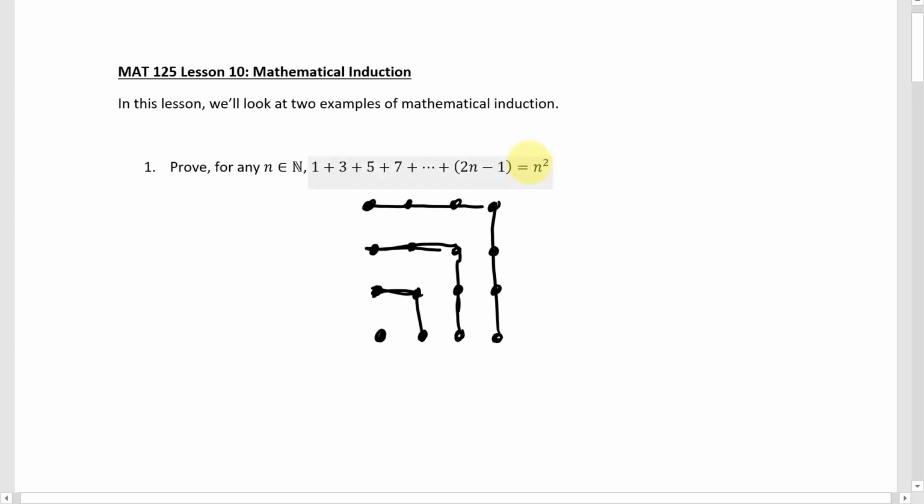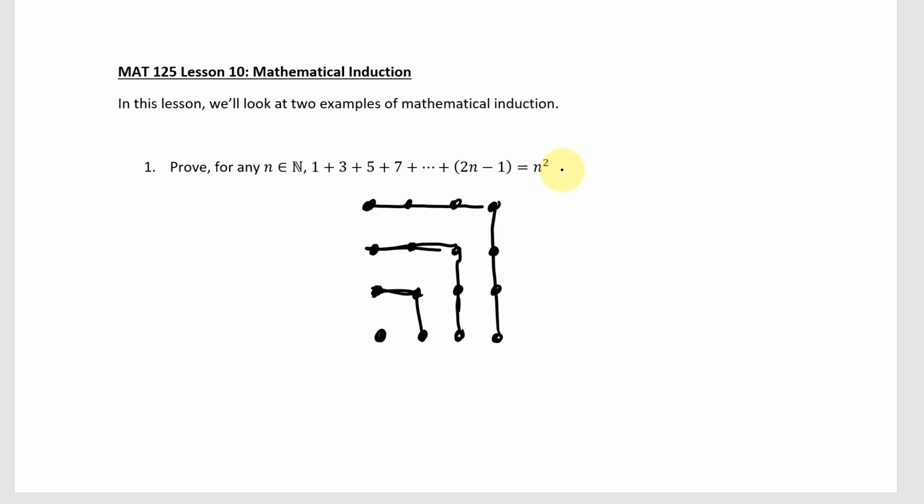And the square I got was basically the number of dots that I have on a side, right? So there's 1, 2, 3, 4 dots on a side and 4 dots on this side. The square is an n by n square, and it's equal to n squared. So this seems like it would just continue, right? If I did the next number in the sequence, it would be 5 by 5, and it would be 25.